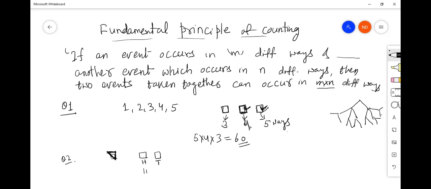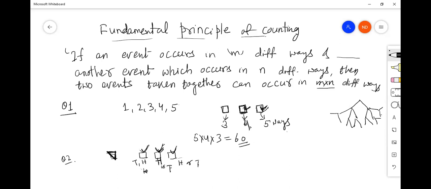So whenever you are writing three coins, I'm writing like this, H or T, H or T. Here again it has two possibilities, H or T, and here also H or T. That means this event occurs in two different ways, this event occurs in two different ways, and this event occurs in two different ways.